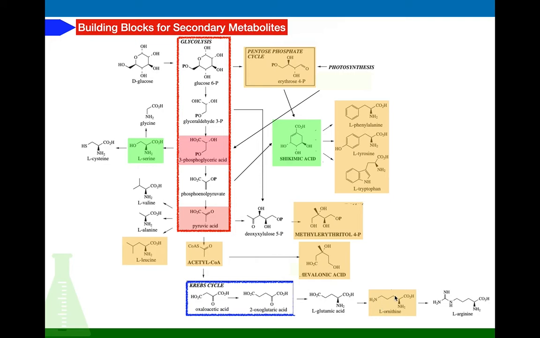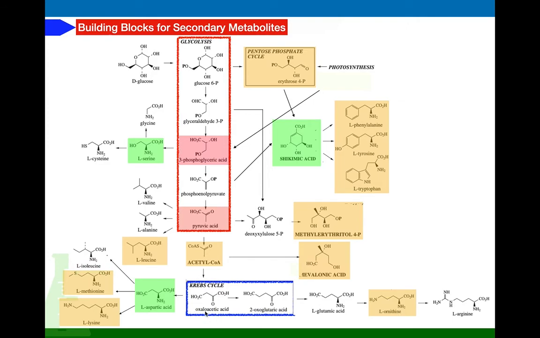Ornithine is an amino acid that doesn't take part in the formation of proteins. Rather, it is a non-proteinaceous amino acid with other roles, and it goes into the formation of arginine. Ornithine itself is responsible for the formation of different secondary metabolites, so it acts as a precursor for secondary metabolites.